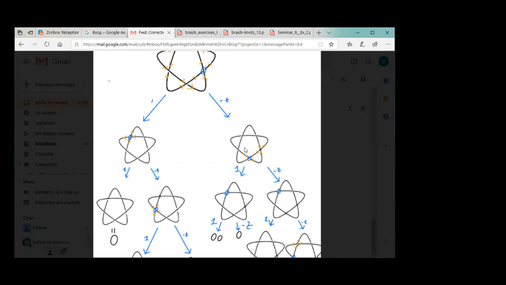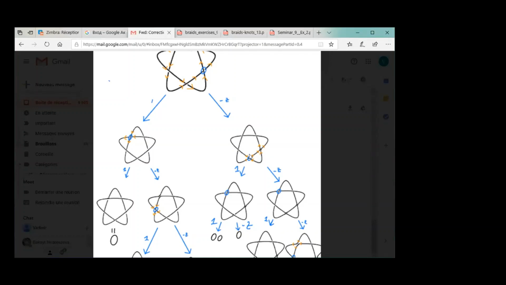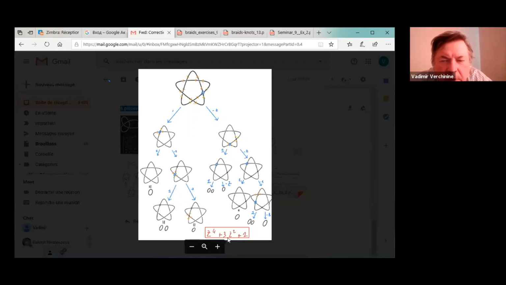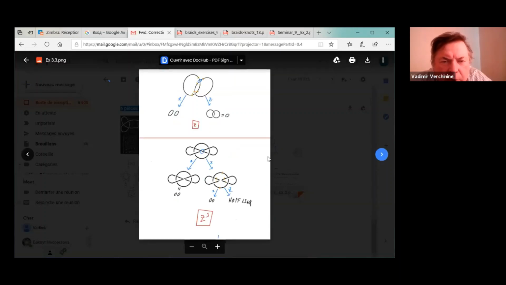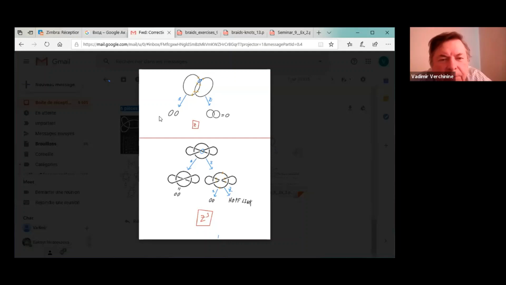So again we have this two-component link with linking number -2, right? Then we have to resolve them. Yes, I think this may be correct. Okay, very good. So yeah, and this is the linking number.